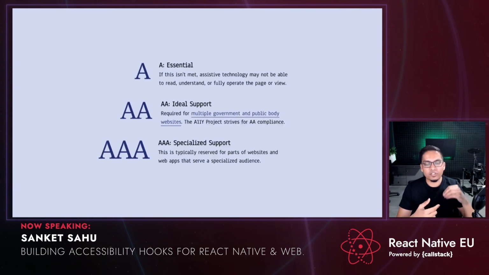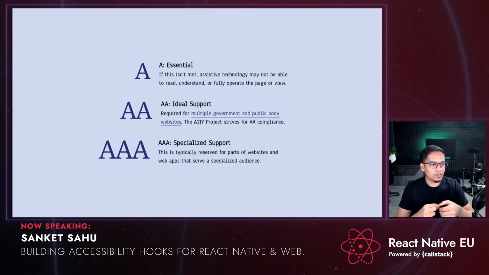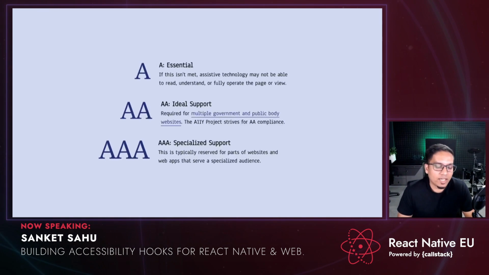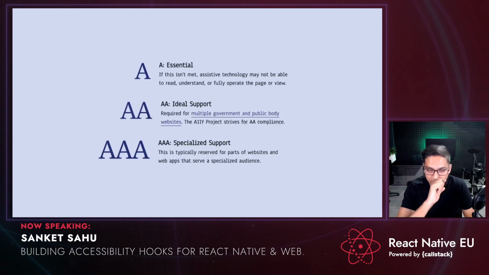A is the essential sort of accessibility that all apps and websites must adhere to. This can be something like adding alt text, adding captions, adding placeholders and whatnot, these basic things that are essential for any app or website.